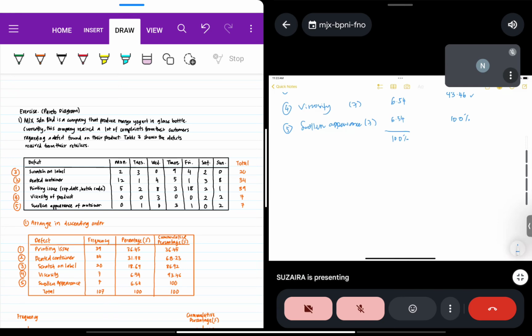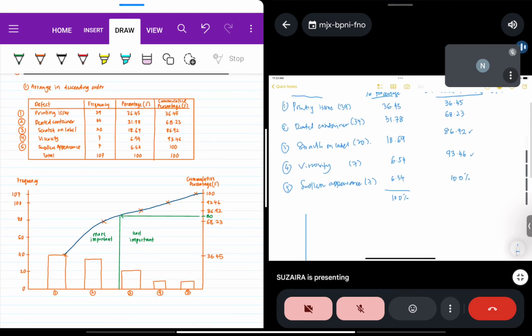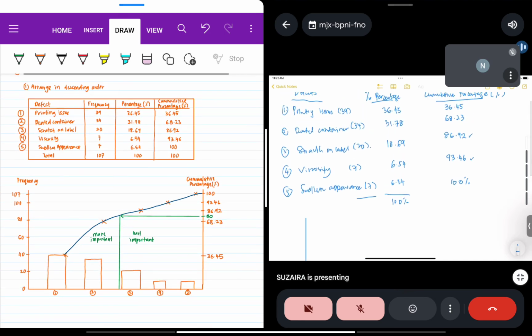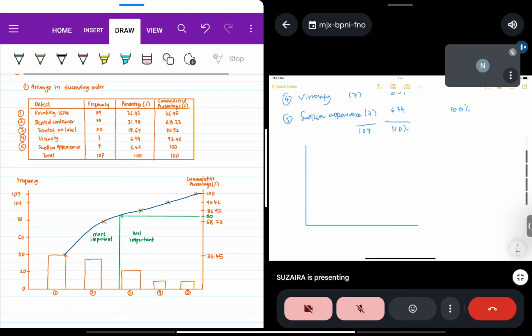Okay. So, once we already have this, now we want to develop the Pareto diagrams. So first of all, the total here is, just now we have how much total of the defect? 107, right? So 107, it should be around, for example here, 107, and then probably we have another one.